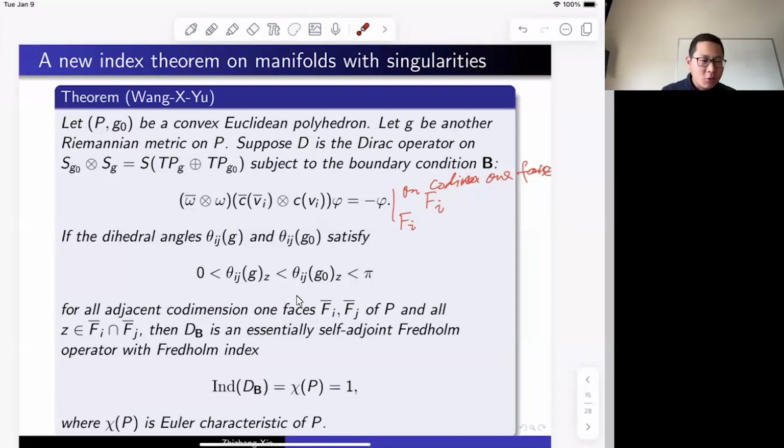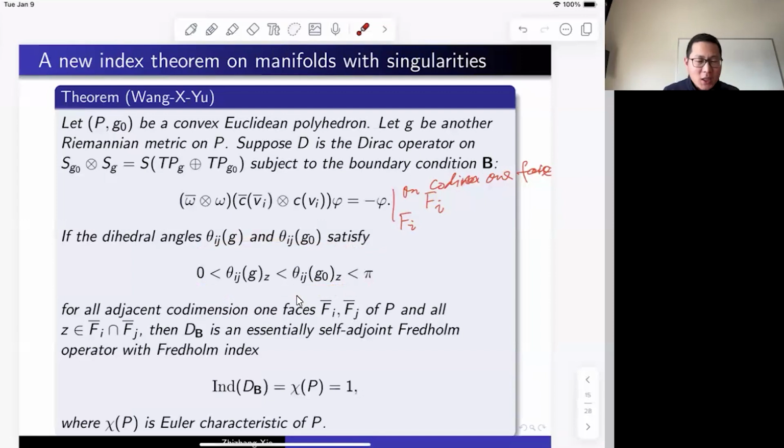But for the index theorem, let's stick to the strict inequality for the moment, and I'll explain how to reduce the proof to an index theorem that satisfies this type of condition. So let's keep that in mind, but for now, let's work on this index problem.